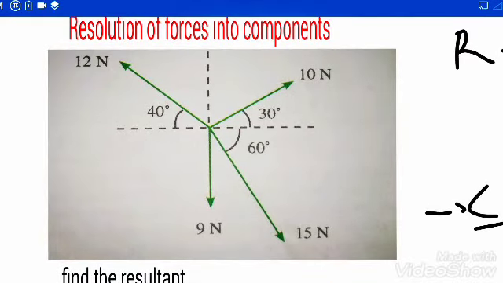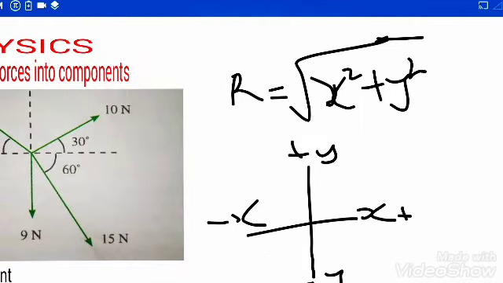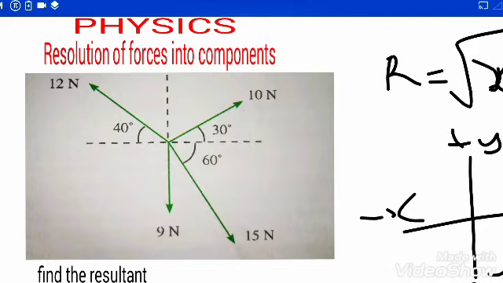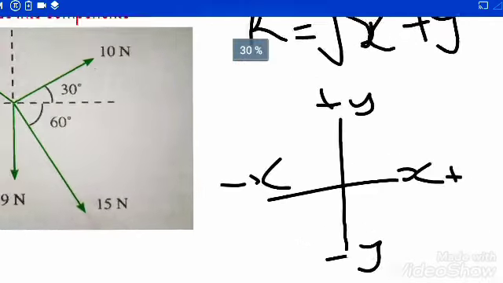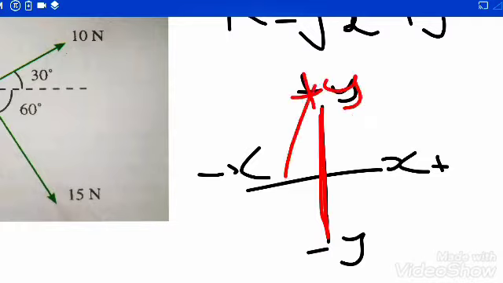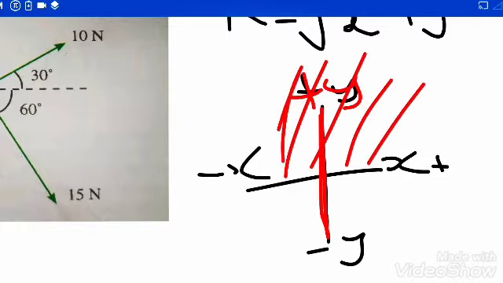Now for a question like this, the resultant is going to be the square root of x squared plus y squared. That means you're going to resolve all the forces here into the x component and the y component. From our Cartesian coordinate plane, the vertical line is the y-axis, with the positive y-axis here and the negative y-axis here.